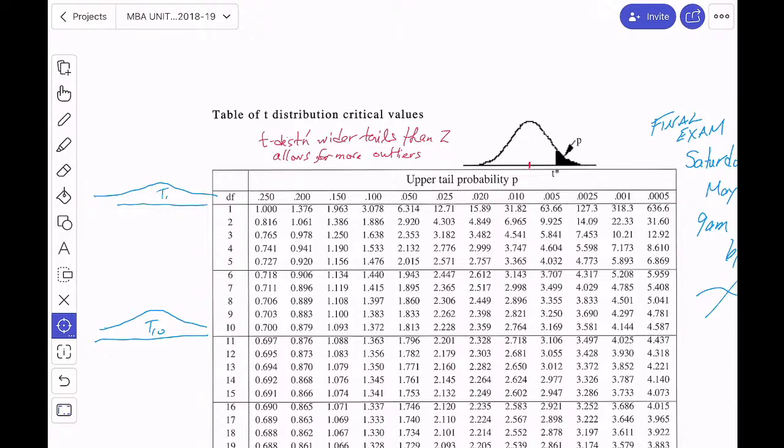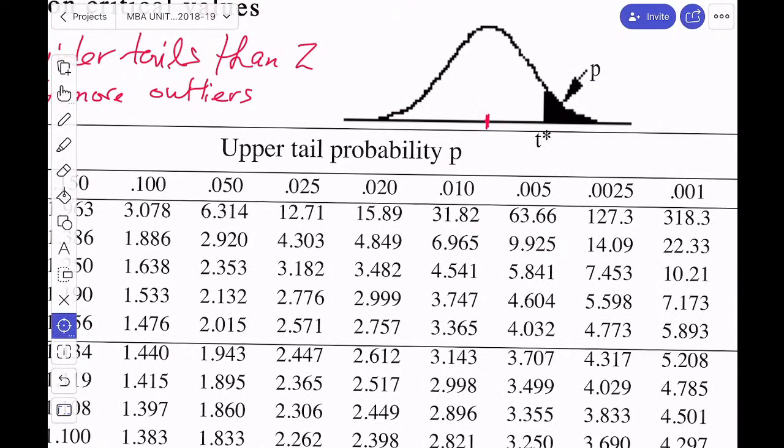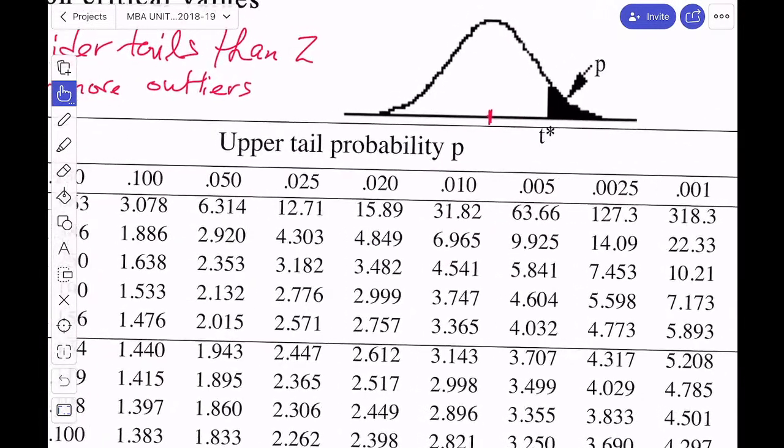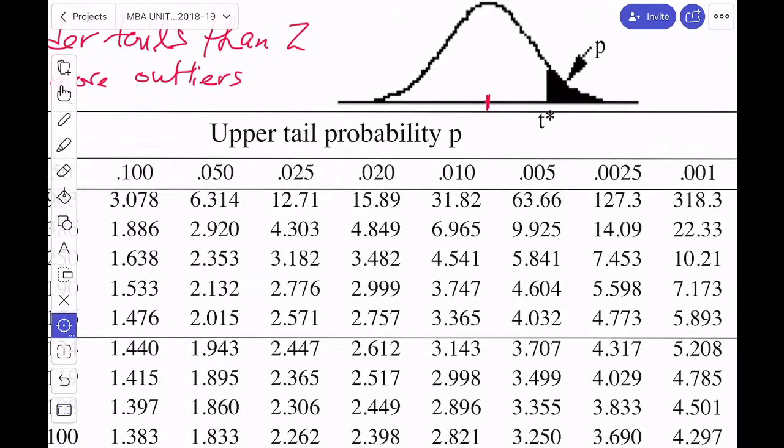So imagine that we're moving along the T distribution this way, so the area on the right is getting increasingly small. That's what's happening.